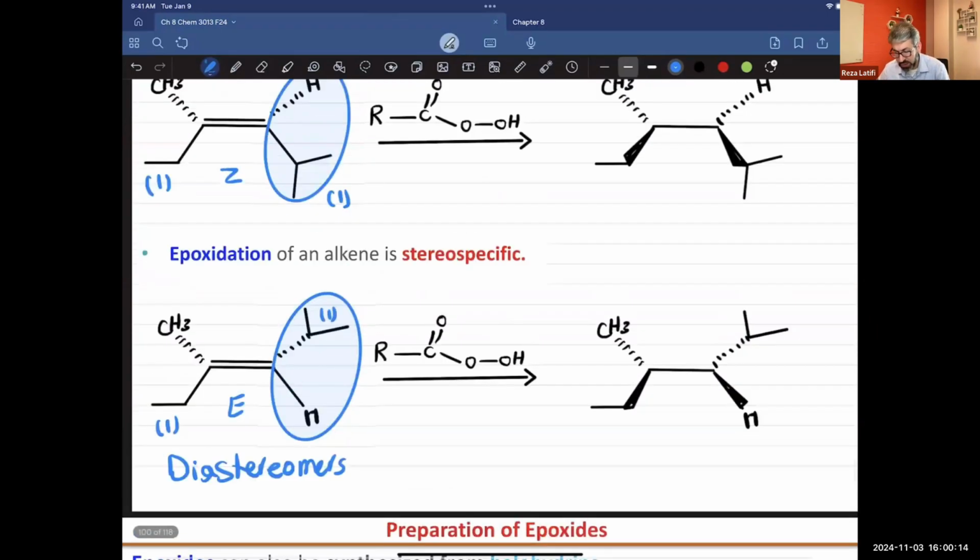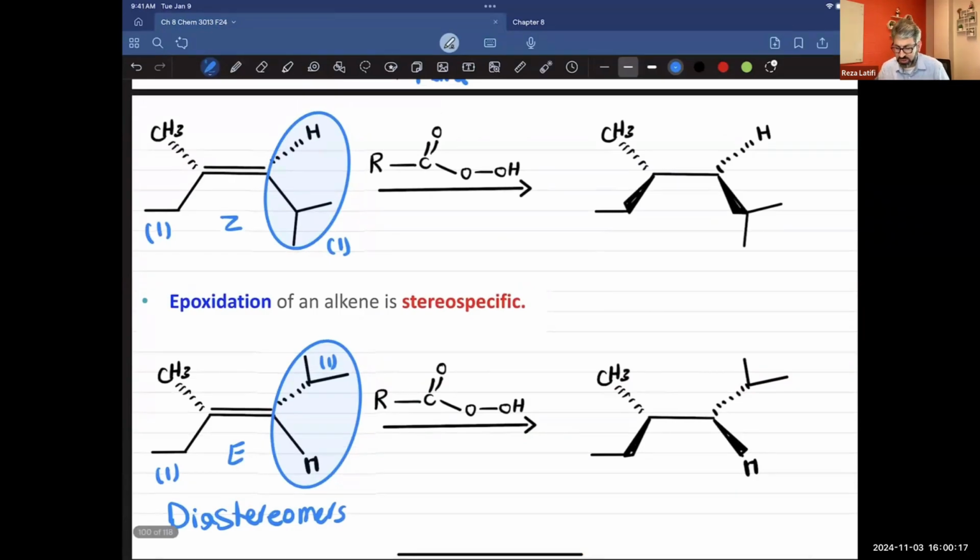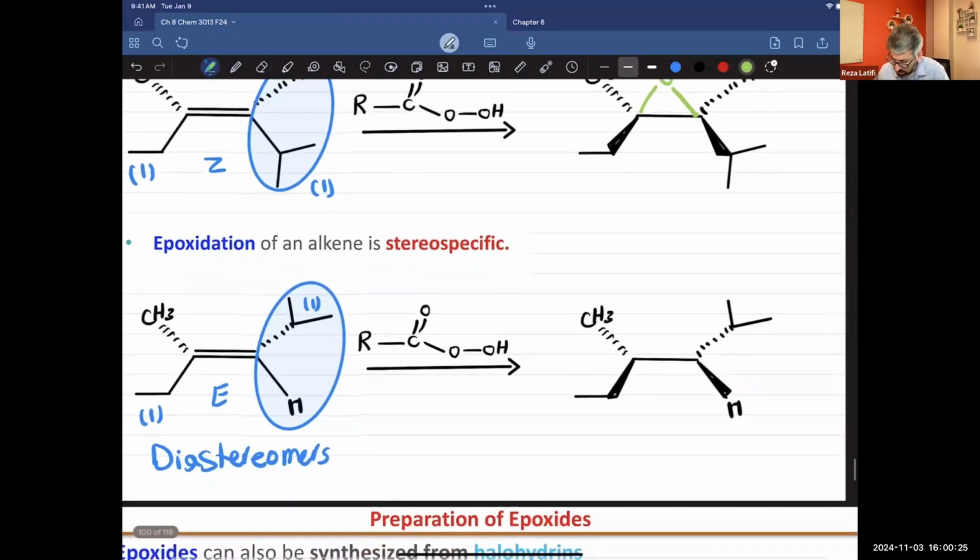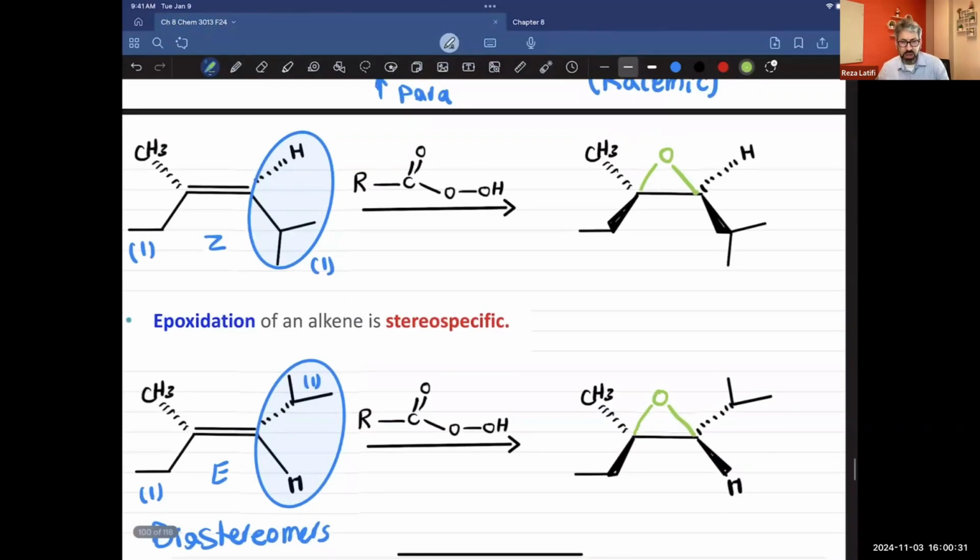Okay. Now, what will happen if I treat them with peroxy acid? If I add peroxy acid to them, I will have oxygen there, and also I will get oxygen here. So nothing surprising. Now, because I have two stereocenters, I need to assign those two. And every time we get peroxide, remember this, we get an enantiomer of that compound.